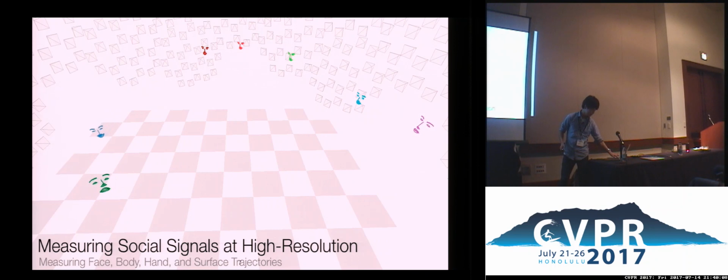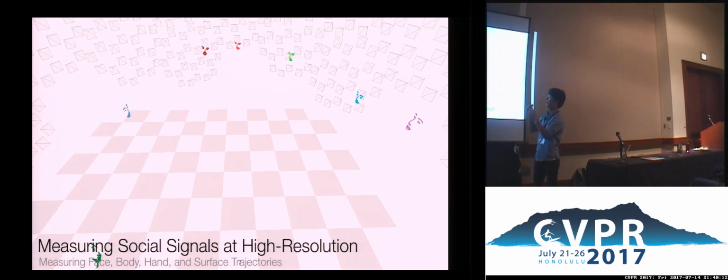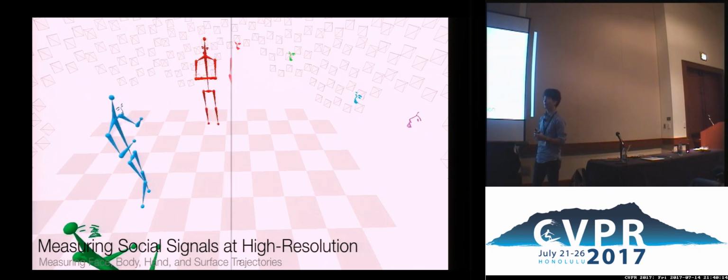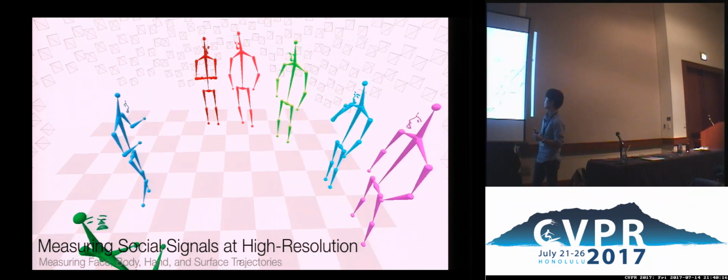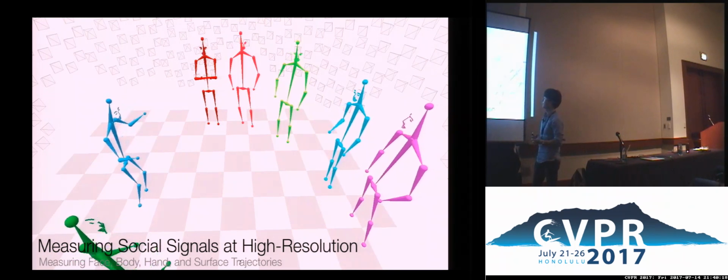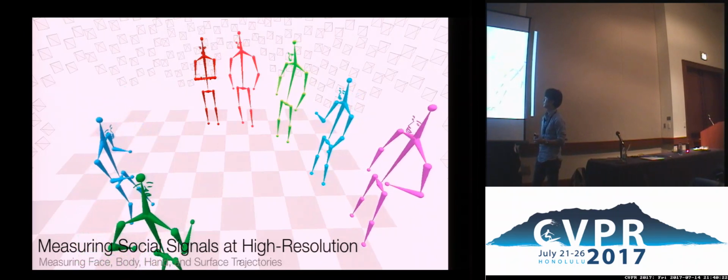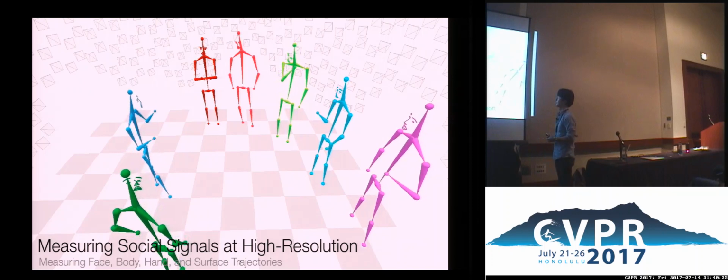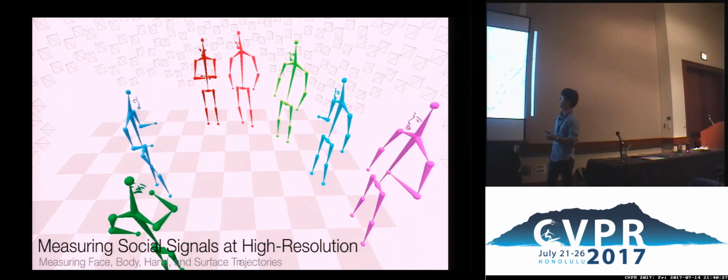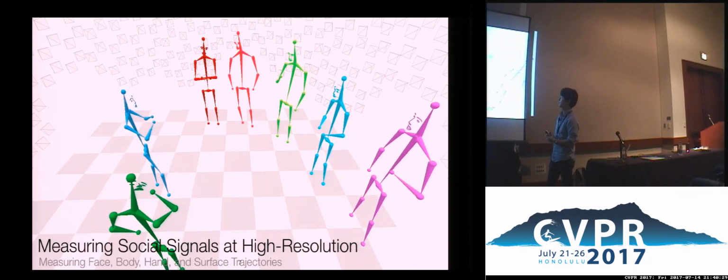Let me talk first. First, we can reconstruct their very sparse 3D landmarks. And also, we can have their bodies from this reconstruction method. Obviously, you may notice that some very important signal is missing.